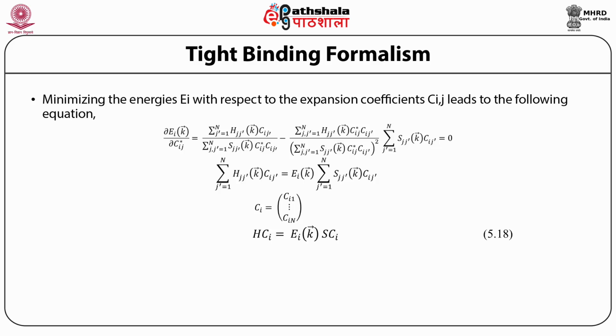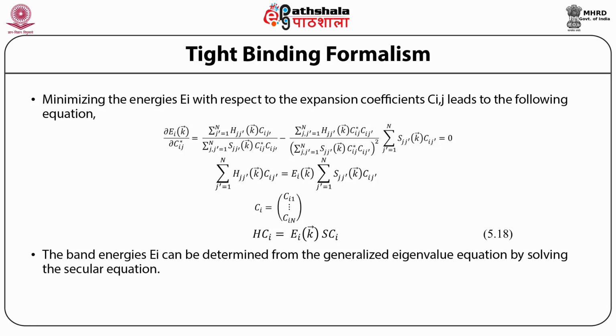Basically, it's a matrix consisting of the elements from Ci1 to Cin. And HCi is equal to Ei as a function of k vector, SCi.